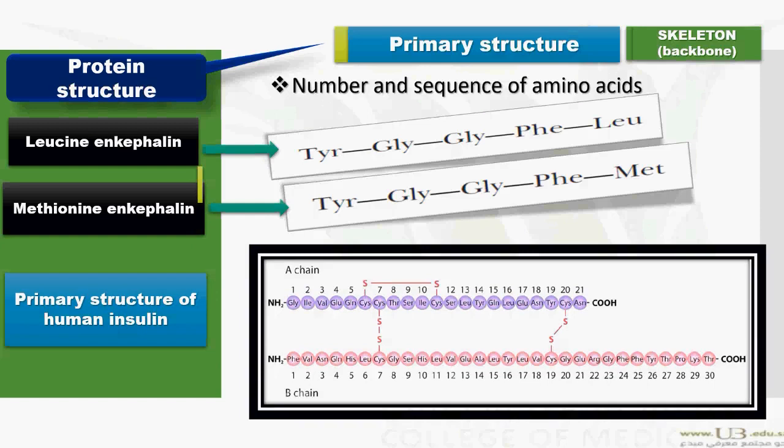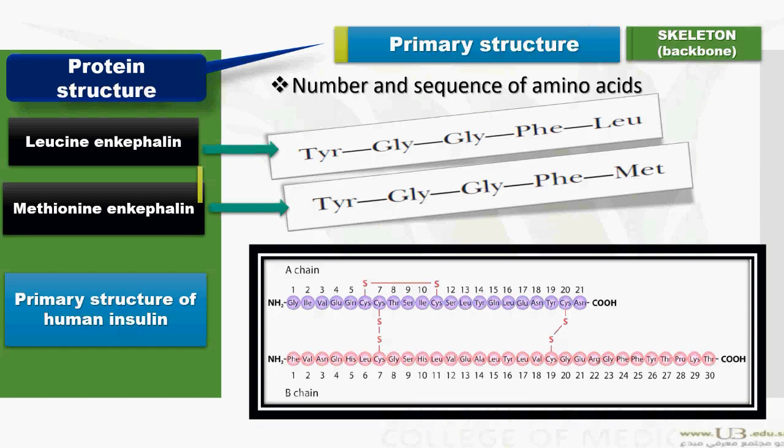If you can see my pointer here, I'm pointing to the sulfur bridges. Wherever you have a cysteine and a cysteine in the other polypeptide chain, they can form a sulfur or disulfide bond, also known as sulfur bridges, because it links the two polypeptide chains.